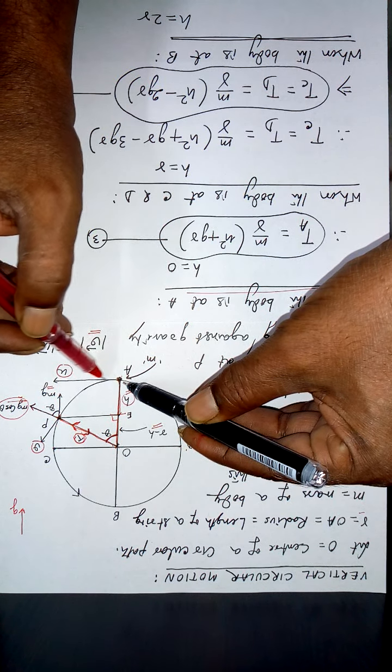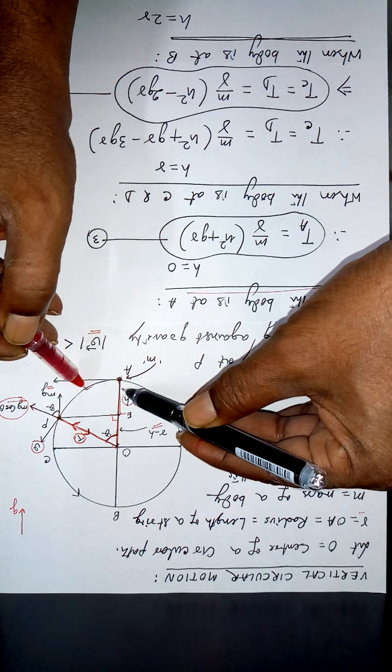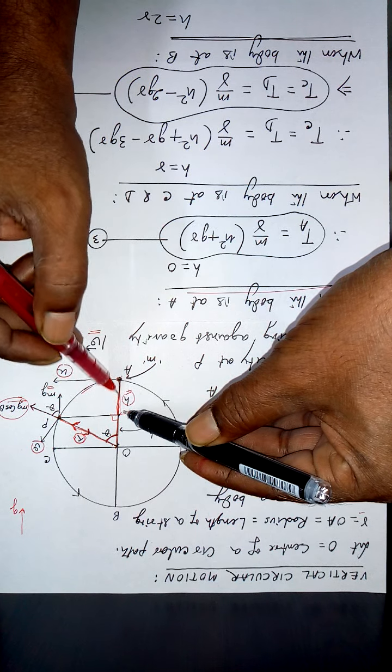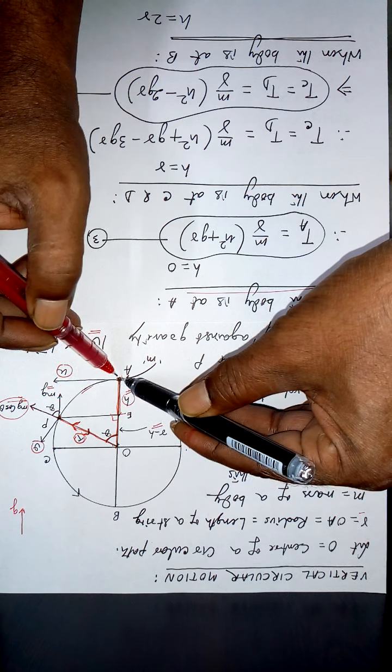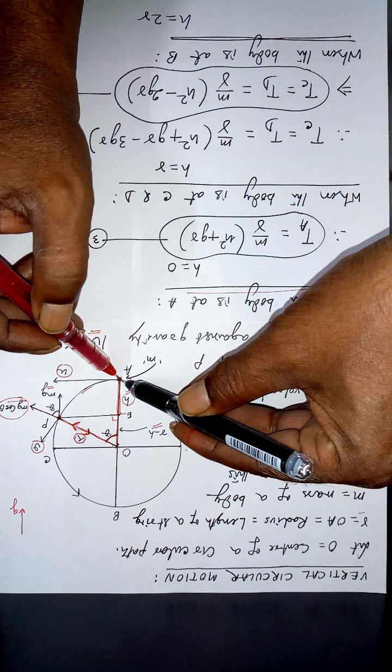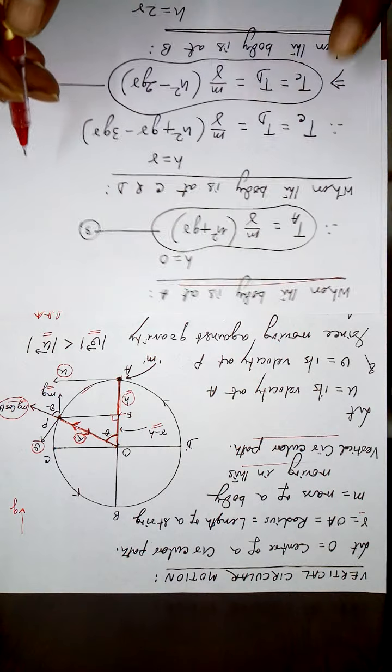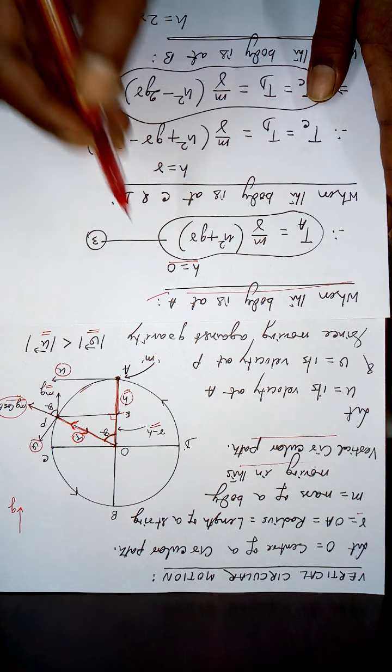So going from here to here, h is this much. When it is at A, h is equal to 0. So when the body is at A, h is equal to 0.